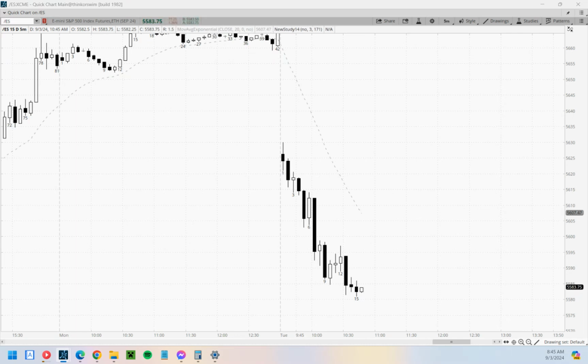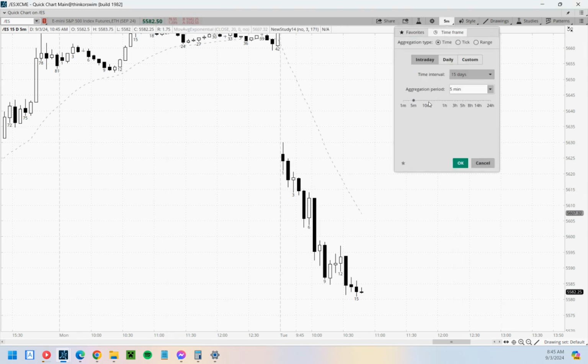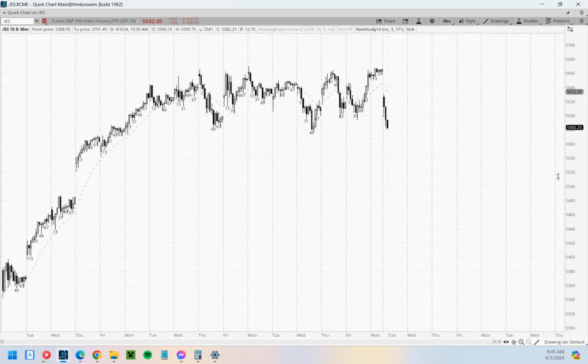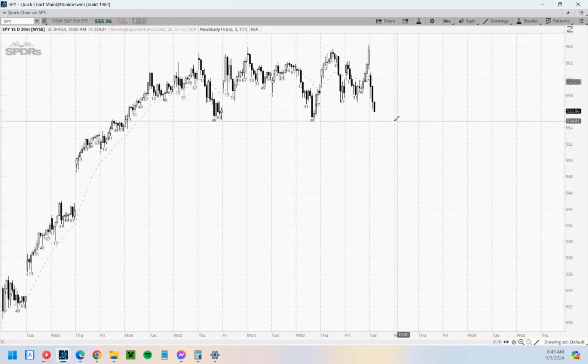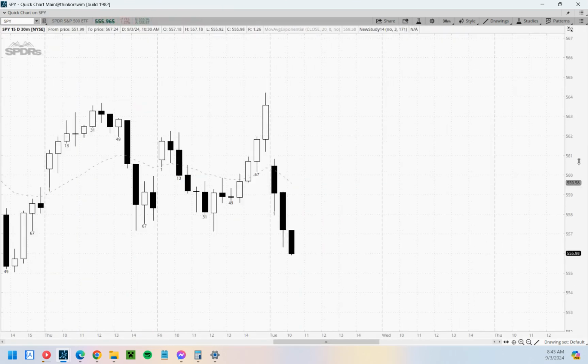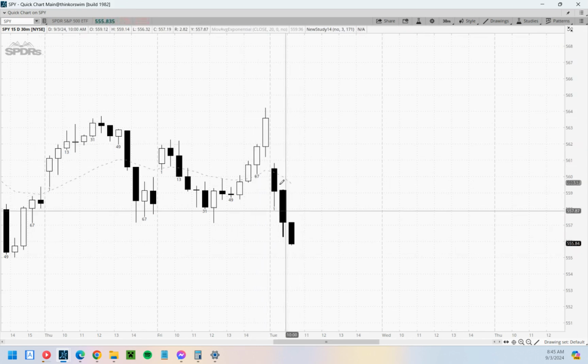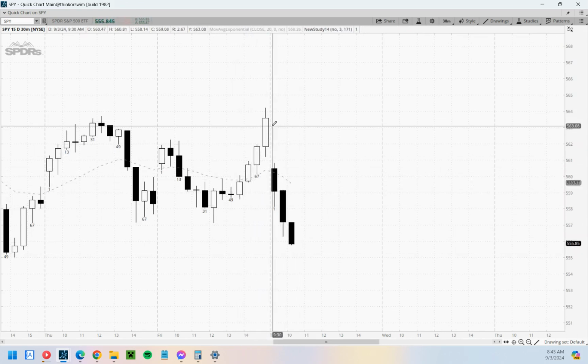So let's go back to that 30-minute chart, right? So you get this, you get this. This is strong, but you also have this, which is reasonably strong.